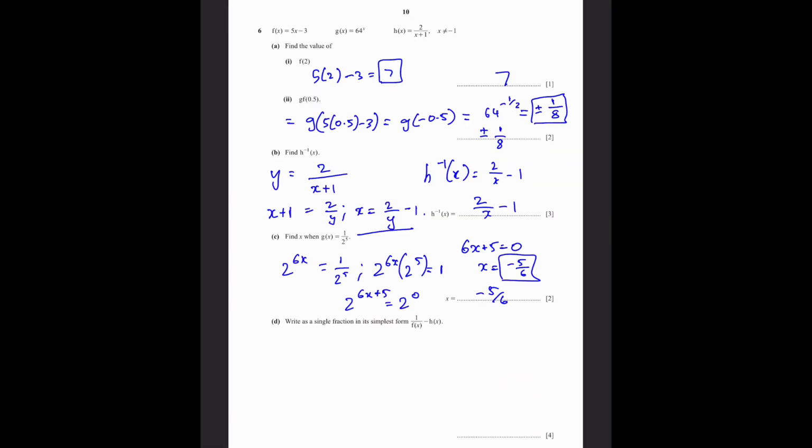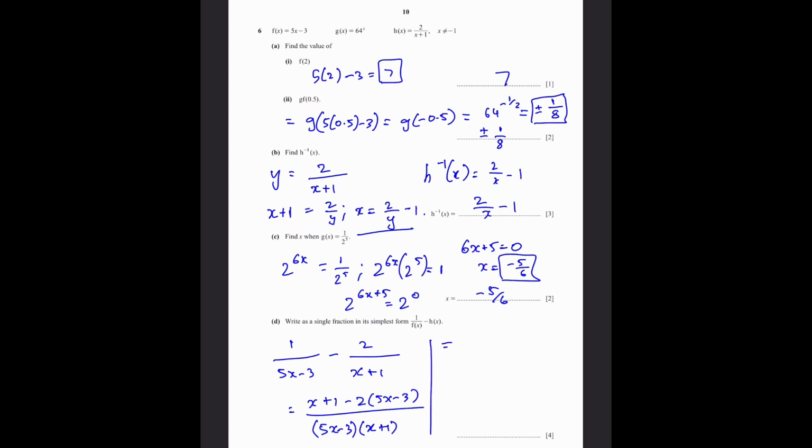Part D. Write as a single fraction in simplest form 1 by f of x minus h of x. This is going to be 1 by 5x minus 3 minus 2 by x plus 1. So you can cross multiply on both sides. So x plus 1 minus 2 times 5x minus 3, divided by the product of the denominators, 5x minus 3 times x plus 1.